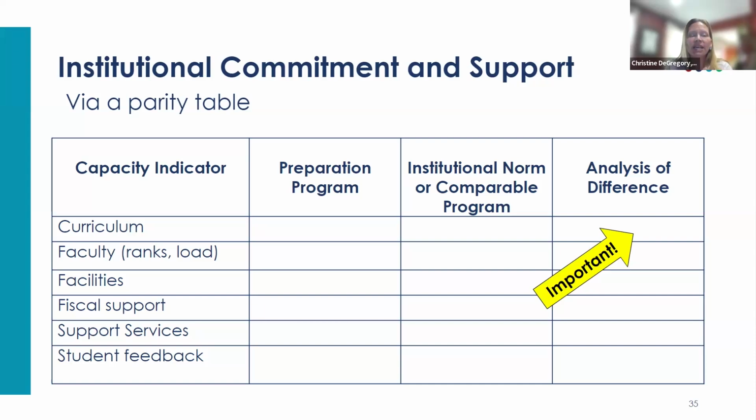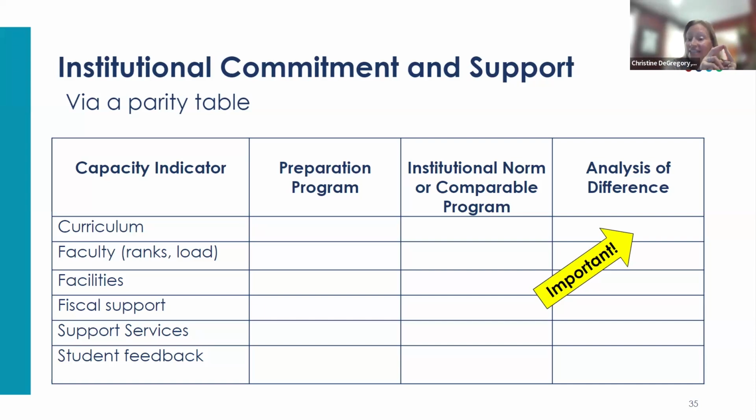So as you dig in, you're going to look at the curriculum, like how many credits, the faculty, how many full-time faculty as opposed to part-time faculty, how many courses they are teaching each semester, maybe the advising load as well. The facilities. Do we have enough desks and chairs? Are we equipped with smart boards or whatever it might be? The fiscal support, meaning looking at budget lines.